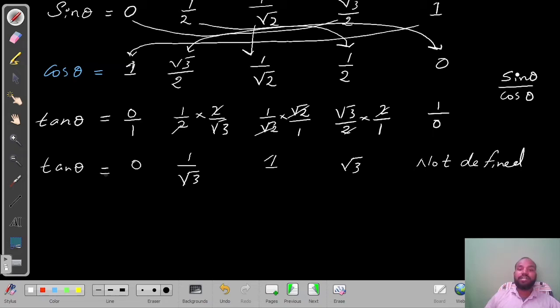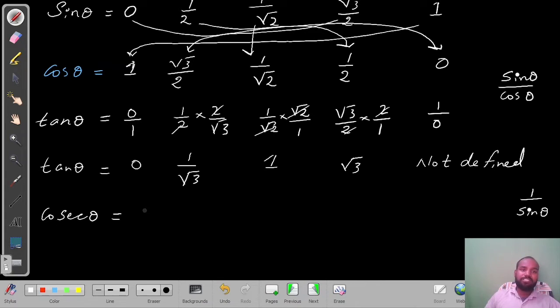Now we need to find cosec theta. Cosec theta is nothing but the reciprocal, the multiplicative inverse of sine theta, right? The multiplicative inverse of sine theta is 1 by sine theta, so cosec is equal to 1 by sine, right?